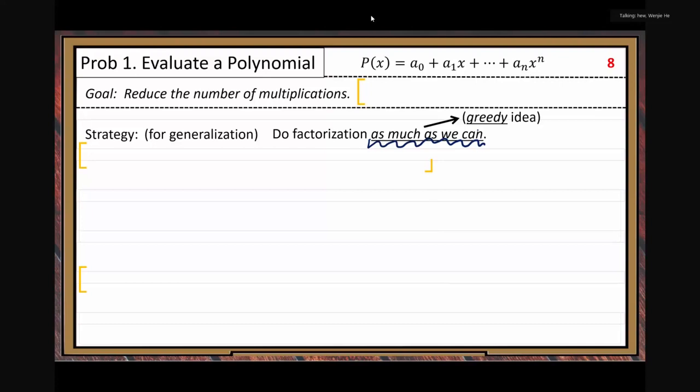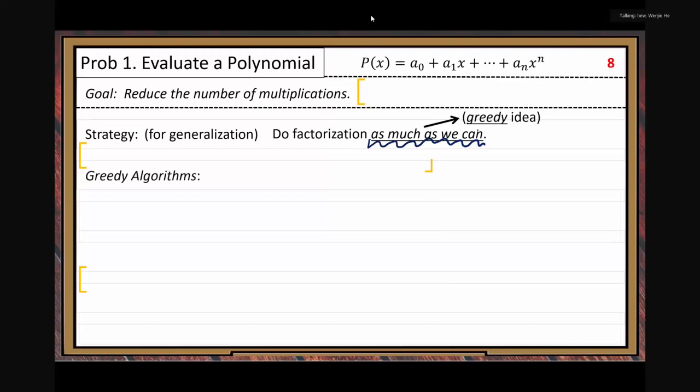That's something related to greedy, right? So we call this new strategy the greedy strategy. The algorithm we are going to use, we call the greedy algorithm. We will apply the greedy algorithm to solve the remaining part of the problem. Let me show you how to apply the greedy strategy here.